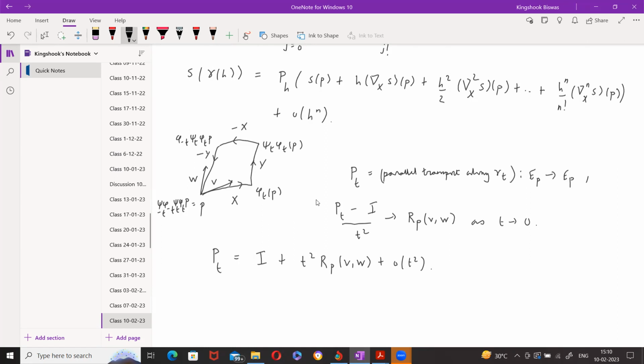Okay, there are first order cancellations which occur, and what remains is a second order term. All right. And that second order term, the coefficient of t squared, is exactly the curvature. Okay. So this parallel transport is identity plus a second order term, t squared into the curvature, plus higher order terms. Okay.